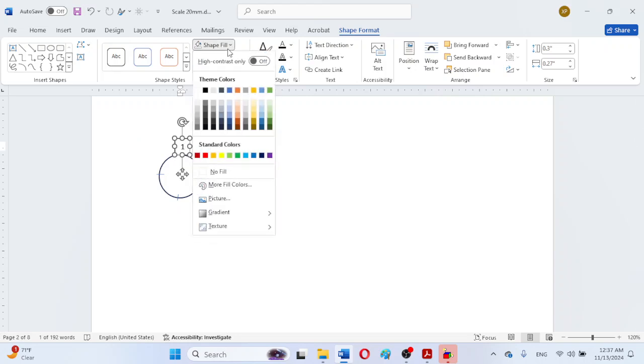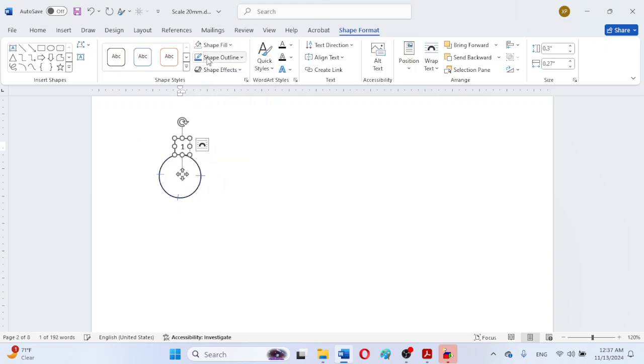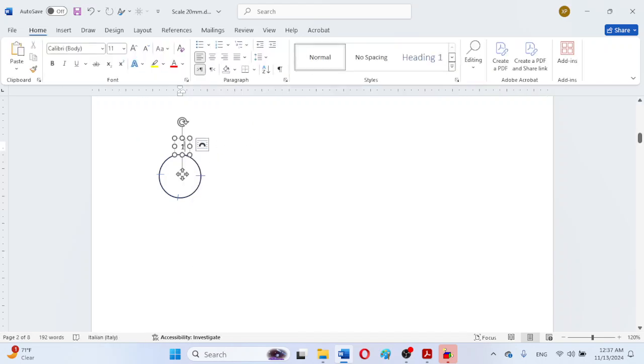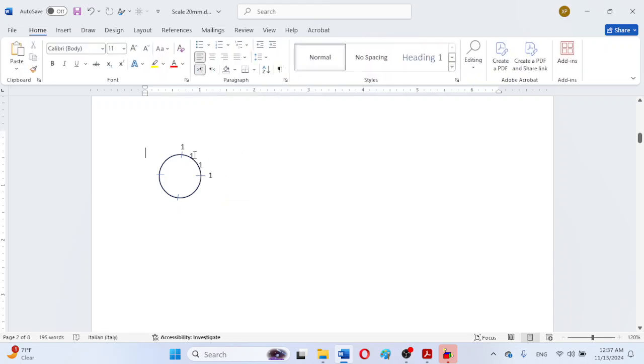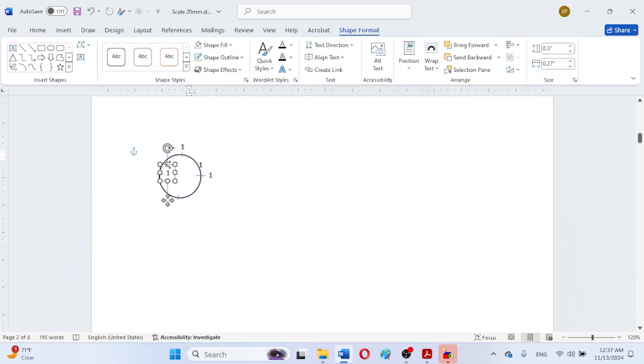We can choose shape fill, no fill, shape outline, no outline in this way. After that we can copy this label 3 more times, and then move them to their proper locations. So a small effort will make the work easier here.